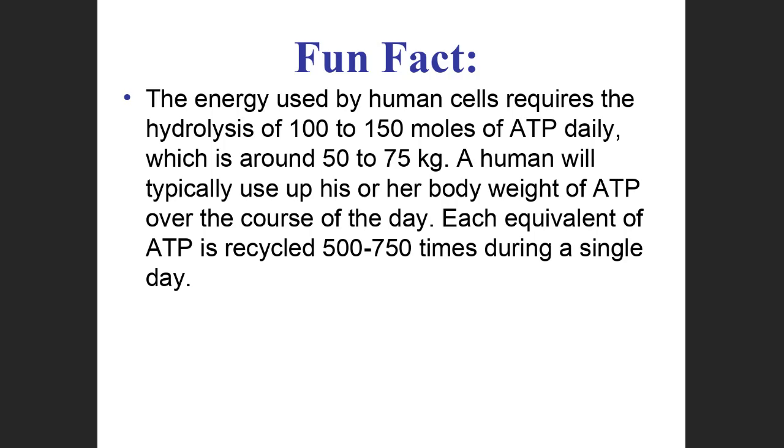Each equivalent of ATP is recycled 500 to 750 times during a single day, because the ATP is hydrolyzed to ADP, which is quickly regenerated back into ATP. It's just unbelievable, the numbers of ATP. But that's what's required for a complex multicellular organism like a human in order to function. And that was made possible by the evolution of mitochondria.